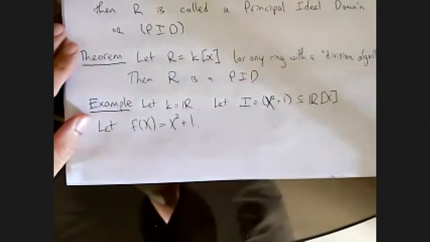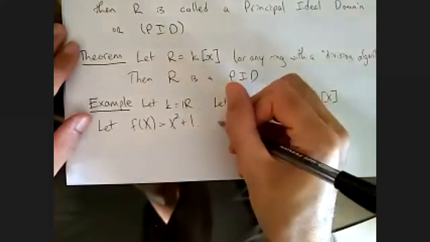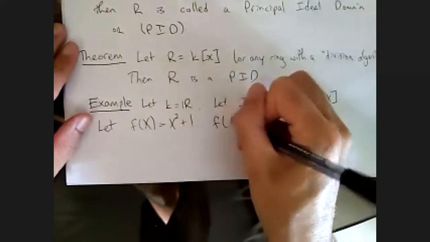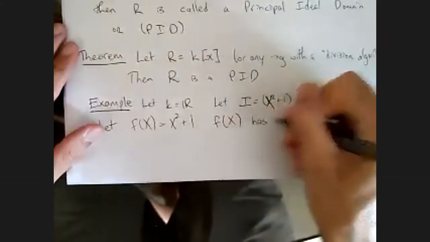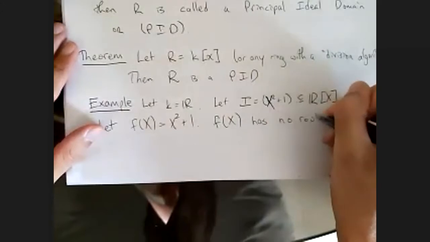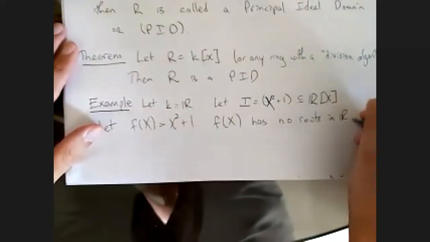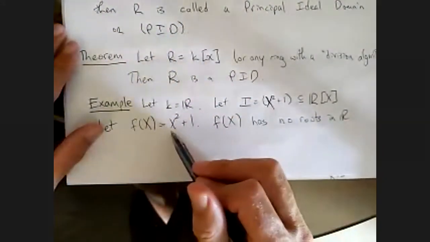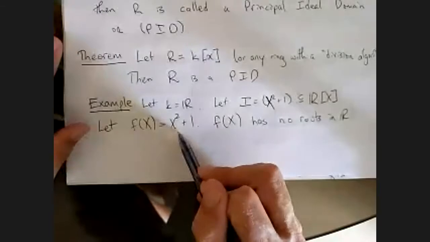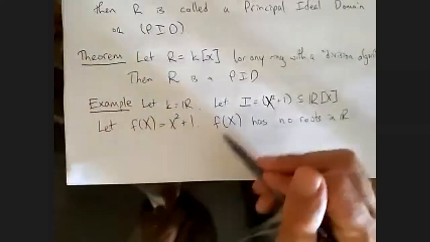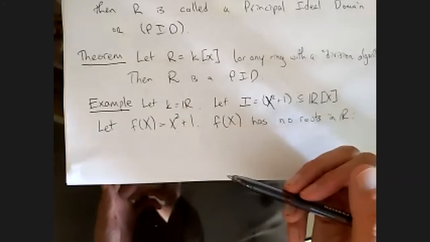So notice f has no roots. Right? Because if you graph x squared plus 1, it's a parabola going up away from the x-axis.